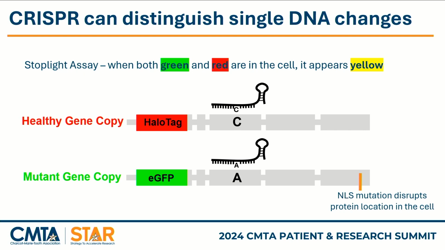So then looking at just single changes between these two copies, whether it's the mutation, or something benign but differing between these two copies, we can design guide RNA targeting, in this case, either the healthy gene, the C, or the mutant gene, the A, and ask how effectively does that actually get rid of the mutant gene? And also importantly, is there any situation where, for instance, we're targeting the C, but we accidentally hit the A? That would be the risk, or the off-target effects, of these CRISPR approaches.